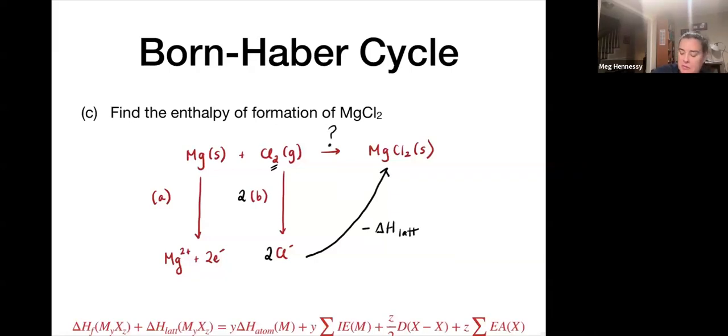This is what I'm solving for. But the delta H that I'm solving for, the delta H of formation, is going to be equal to the answer from A plus 2 times the answer from B minus the delta H of the lattice, which I can find in the data booklet.